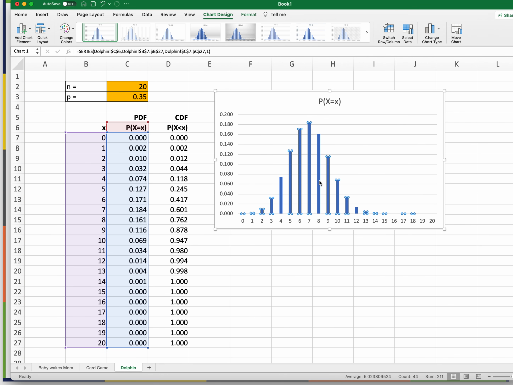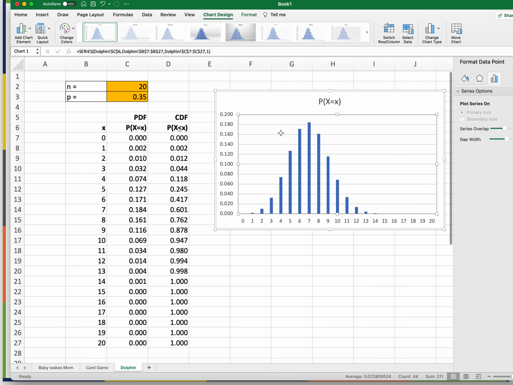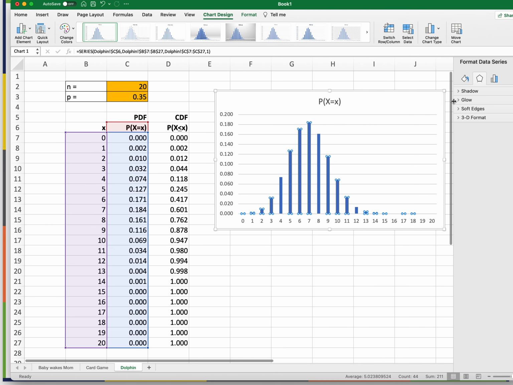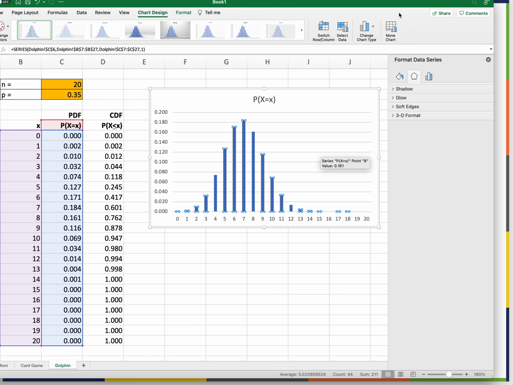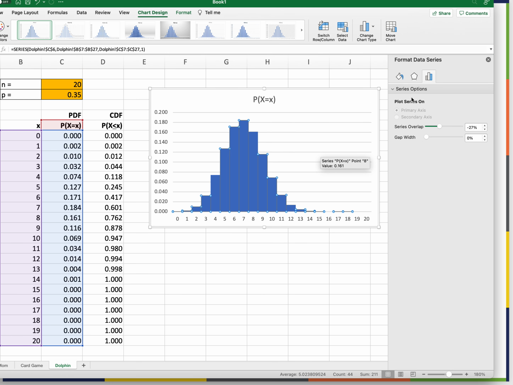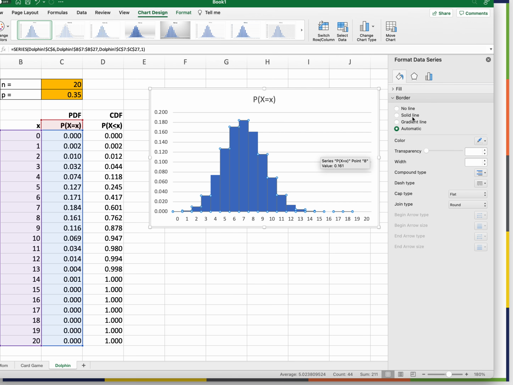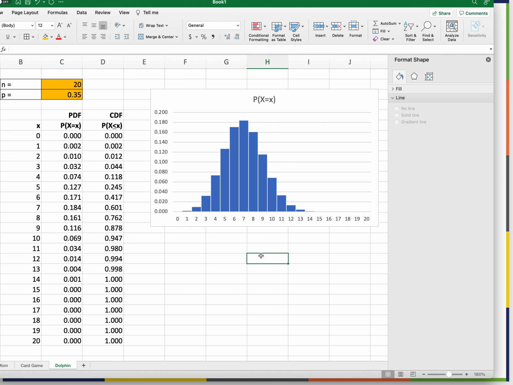I'm not going to put the numbers in there because it's not going to read very well, but I am going to go through here, and I'm going to reduce the gap width to 0. I'm going to go here and put a solid line with a white border, and therefore there's my probability density function.